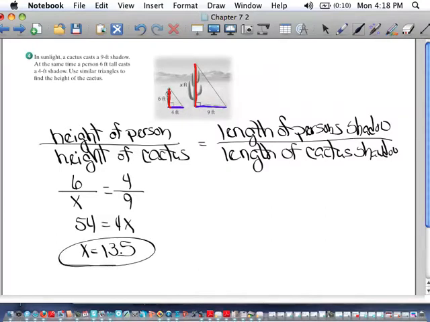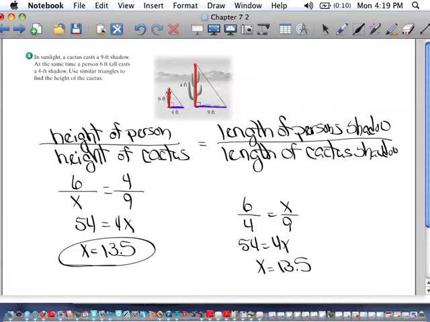You could also have set this up as the person's height to the length of the person's shadow. So you could have also said 6 is to 4 as the height of the cactus, x, is to the cactus shadow 9. Again, you would have gotten 54 equals 4x, so x is equal to 13.5.